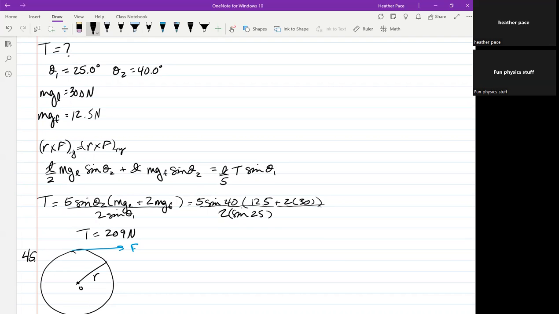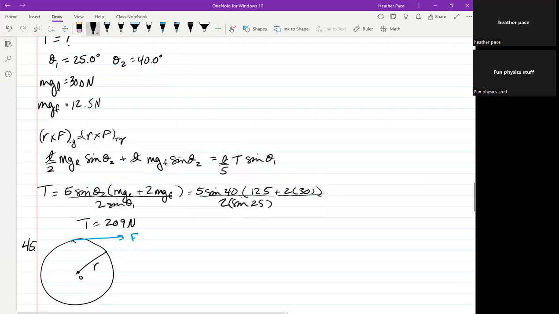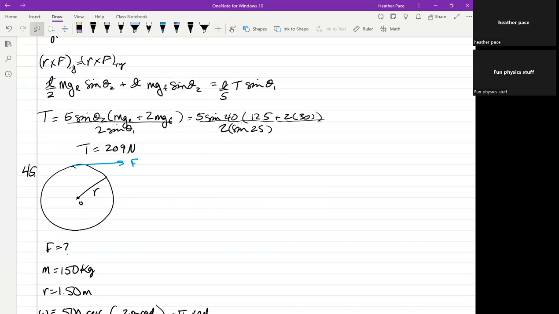All right, so here again, like we did in the last problem, we're going to say that r cross f in the negative direction equals r cross f positive direction. So in the negative direction, we are going to have L over 5, because it was 1/5 of L, they said. So the big word problem said 1/5 L times T, which is what we're looking for, sine theta 1.